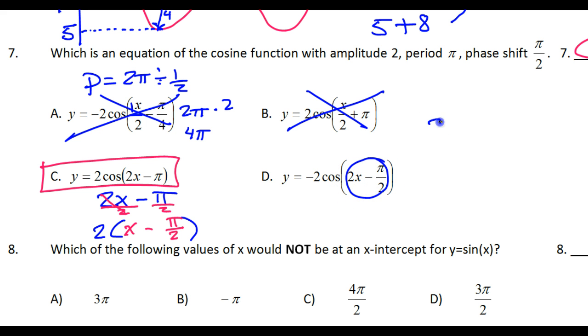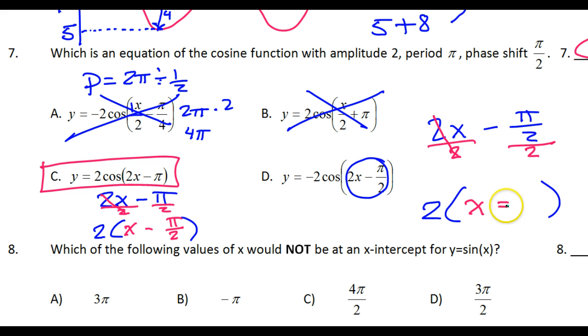Okay, you see that we have 2x minus pi over 2. But to get the phase shift out of it, you need to pull the 2 outside of parentheses. And if you do that, in order to figure out what goes on the inside, you need to divide by the factor that you're pulling out. So those will cancel. That leaves me x.